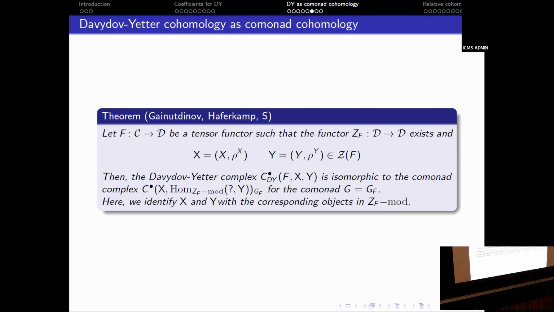So here there is a way, if I had introduced more notation, to identify the coefficients with the corresponding objects in ZF-mod. It's just juggling notation. Checking that the differentials are the same is a bit of work, but it's not work for a talk.